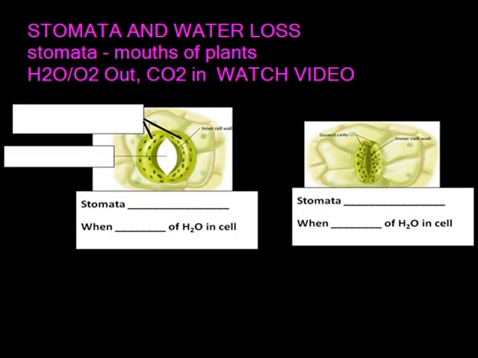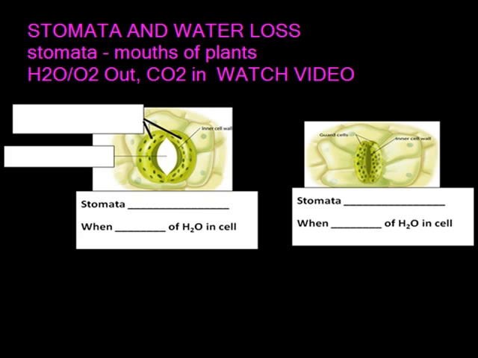Then the other major structure we have important for photosynthesis is the stomata. As we saw in the first picture, what's the function of stomata? It is the mouth. It lets in carbon dioxide and it gives off oxygen. In the process, however, the stomata loses water. Think back, what is the process by which plants give off water?